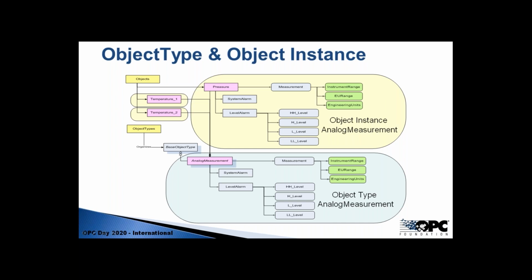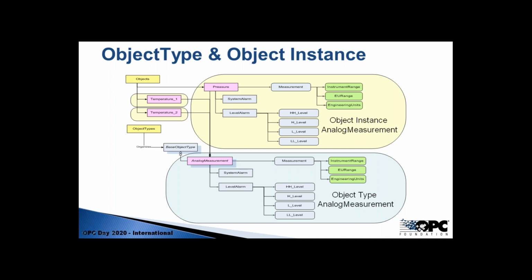We have a level alarm here, a high level and low level alarm. And of course, the most important of an analog measurement is the measurement itself, which has then properties like an instrument range or an engineering unit. And this is a description of the type. And of this type, the OPC server can then have multiple instances. And they all look the same, but then they are filled with concrete values.